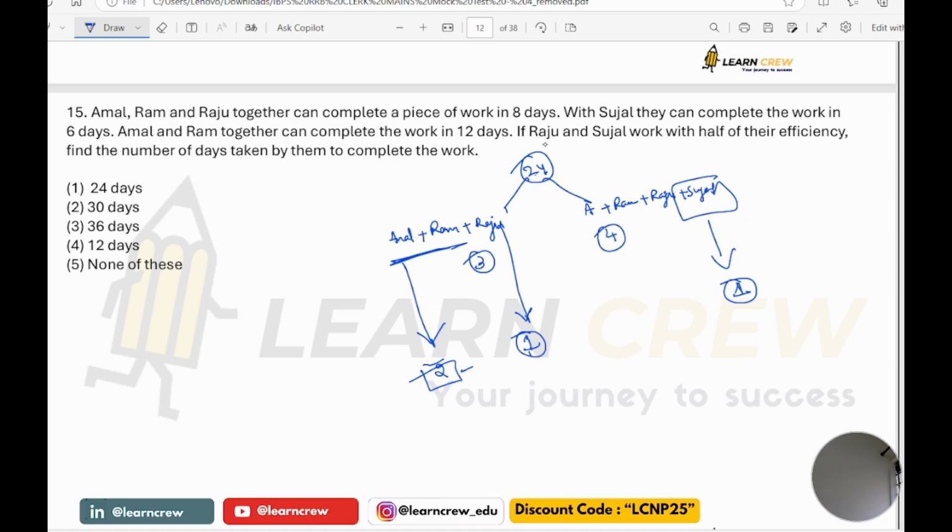Now if Raju and Sujal work with half of their efficiencies, at full efficiency they can do 2, so half of the efficiency means 1. Find the number of days taken by them to complete the work. So 24 by 1, which is 24 days. It takes 24 days to complete the work.